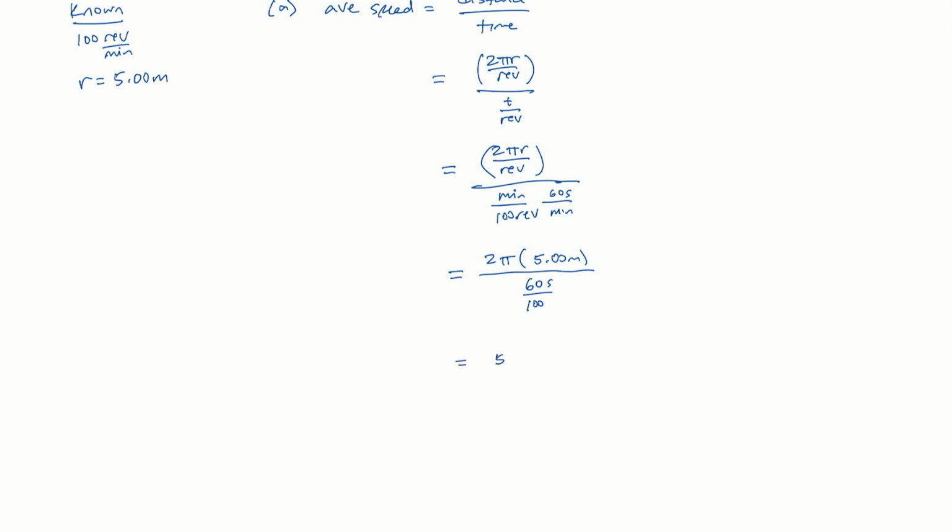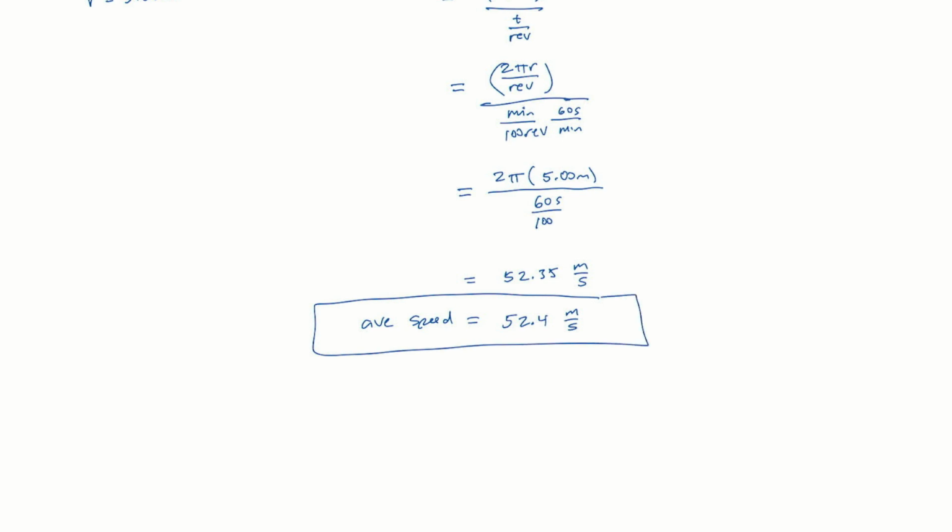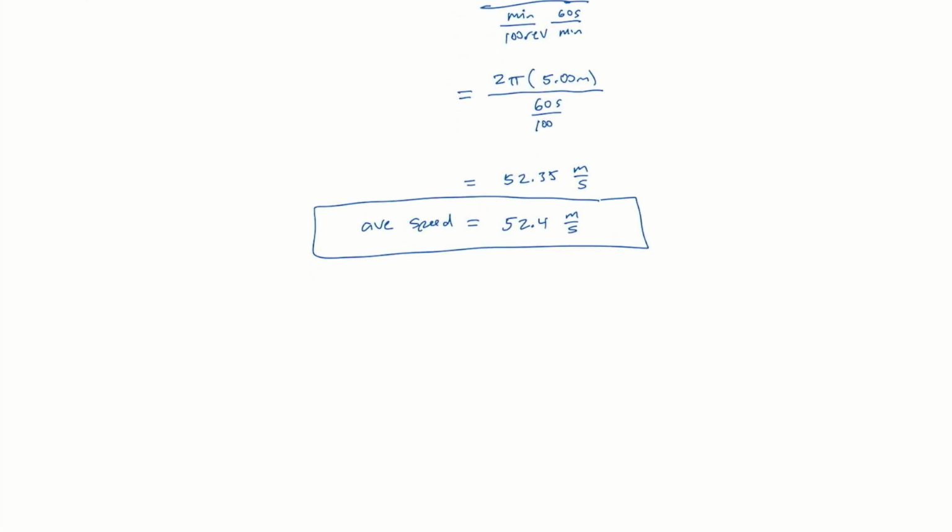I got 52.35 meters per second. And so this gives an average speed to 3 sig figs of 52.4 meters per second. Okay, then in part B, we need the average velocity.